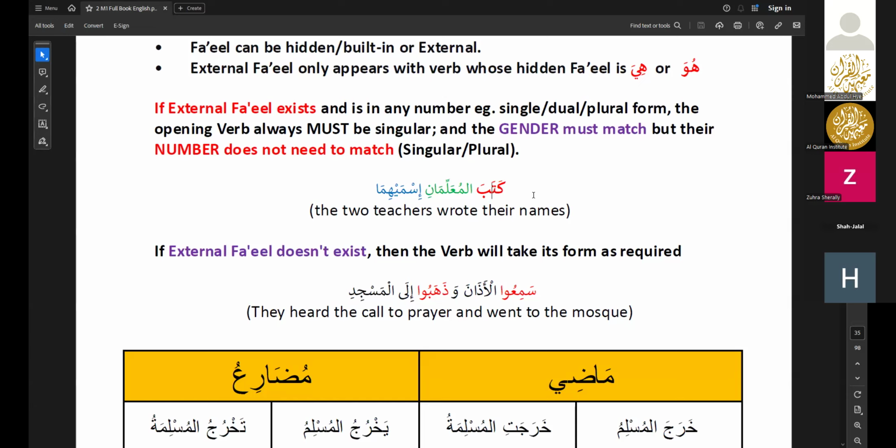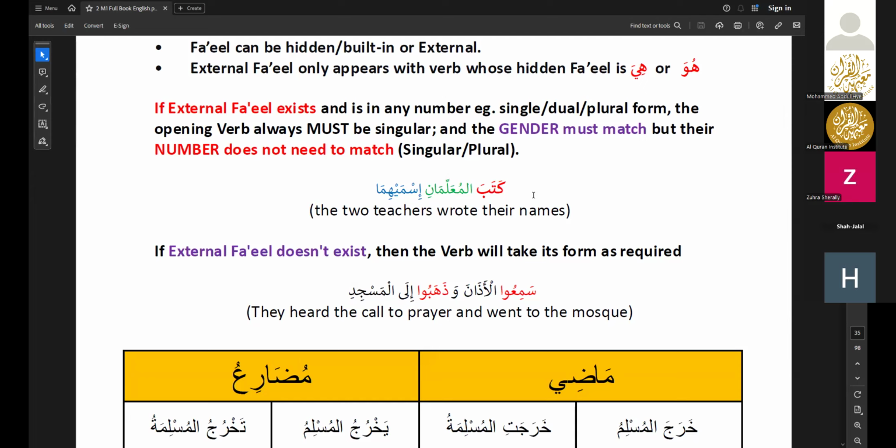This sentence is different. When you say kataba, you can add an external fa'il. Here, with sami'u, we don't have an external fa'il. We go to the maf'ul, al-adhana. There is no external fa'il between the two. Is that understood?